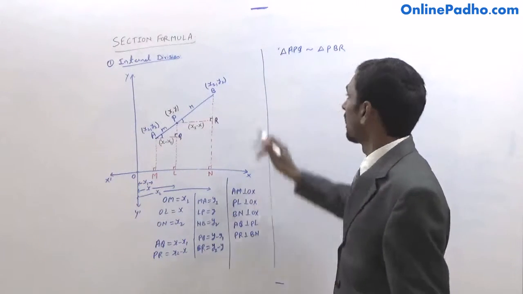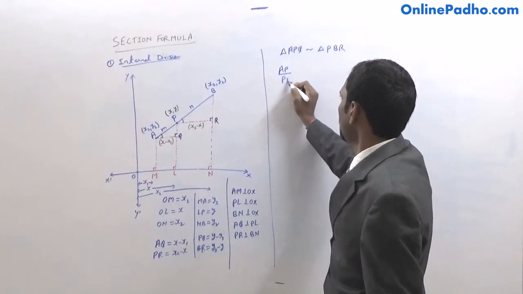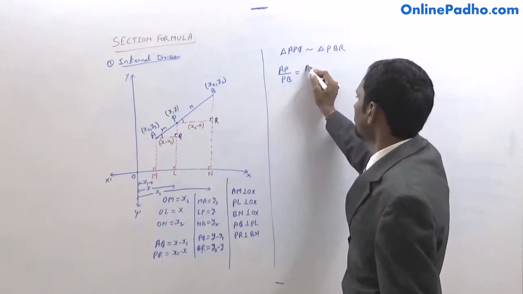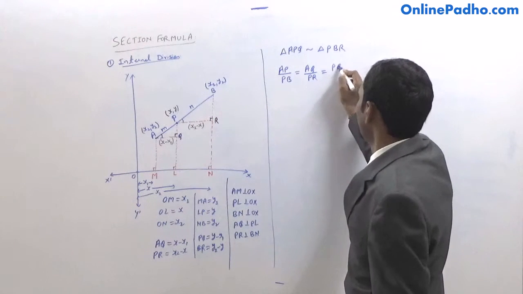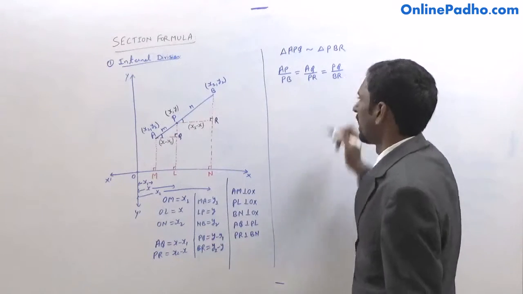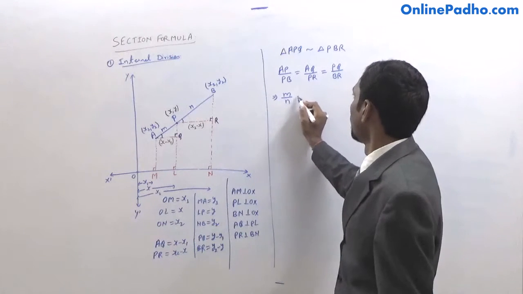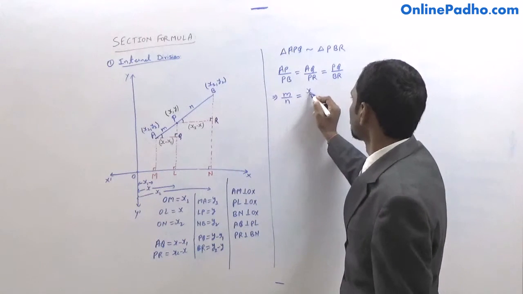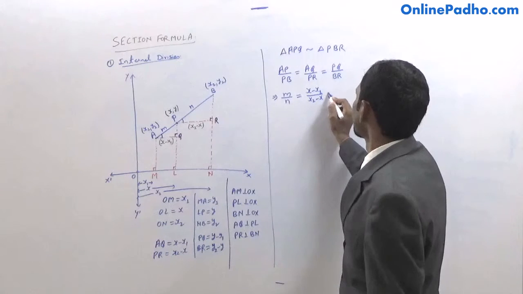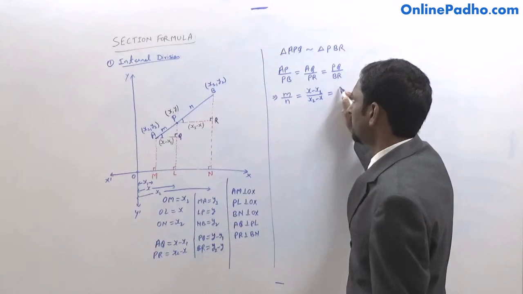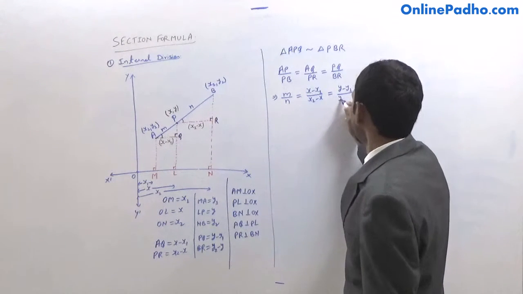Now, since these two triangles are similar, the corresponding sides AP by PB will be equal to AQ by PR, which is equal to PQ by BR. So AP by PB means M by N. AQ by PR is x minus x1 divided by x2 minus x. And PQ by BR is y minus y1 divided by y2 minus y.